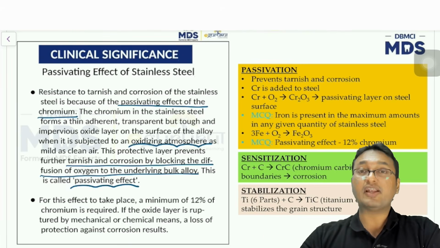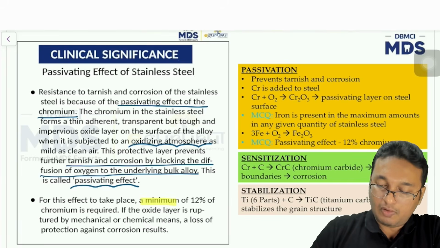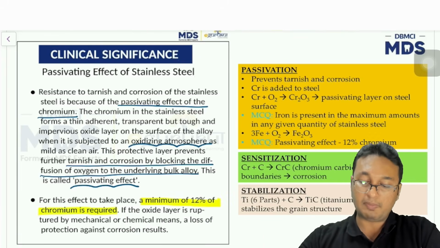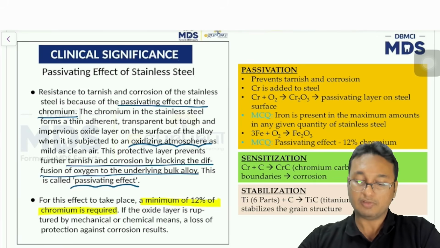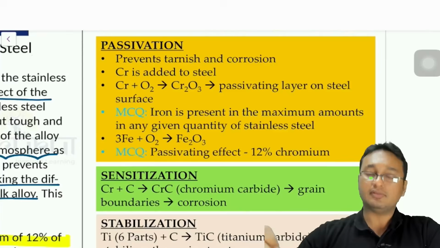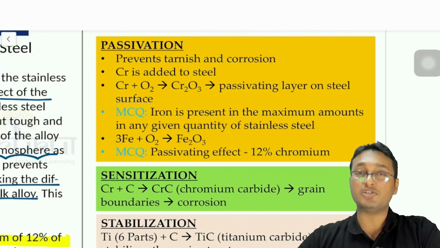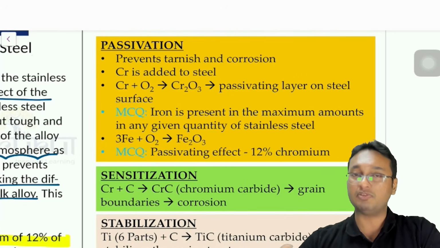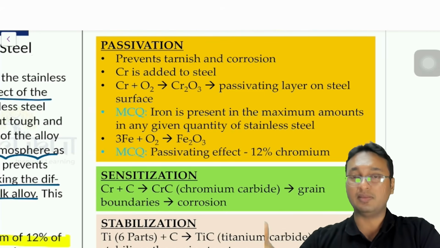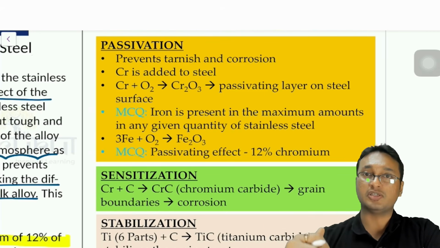Now, for this effect to take place, a minimum of 12% of chromium is required. If the oxide layer is ruptured by mechanical or chemical means, a loss of protection against corrosion results. Okay, so that is about passivation. Now, how does passivation occur chemically? What's the chemistry behind it? We already know it's a process which prevents underlying tarnish and corrosion.